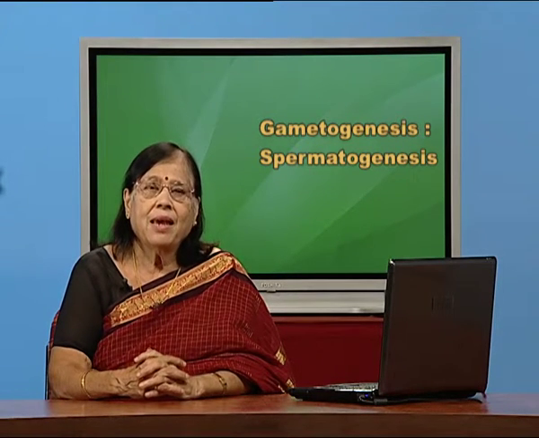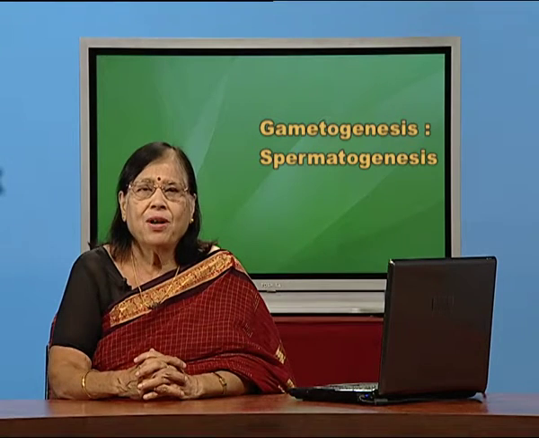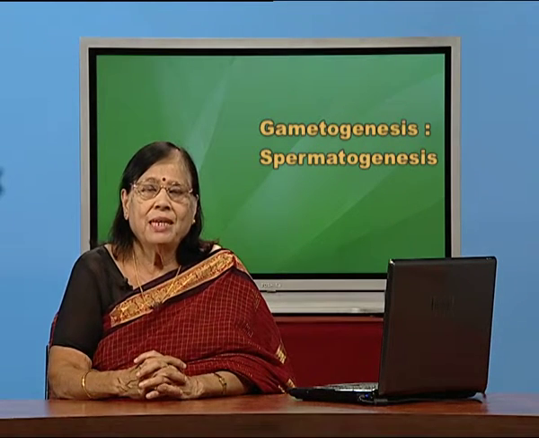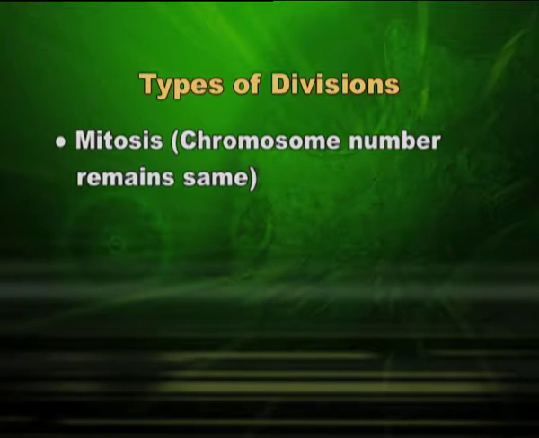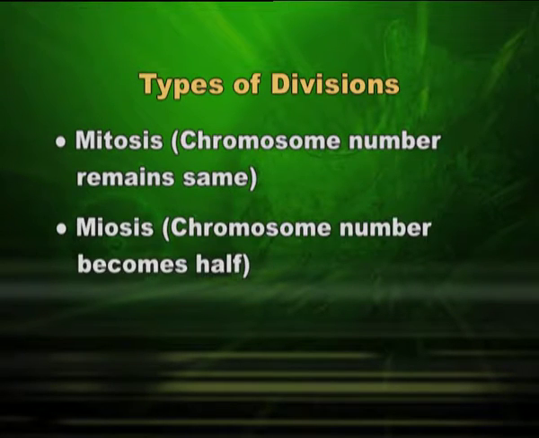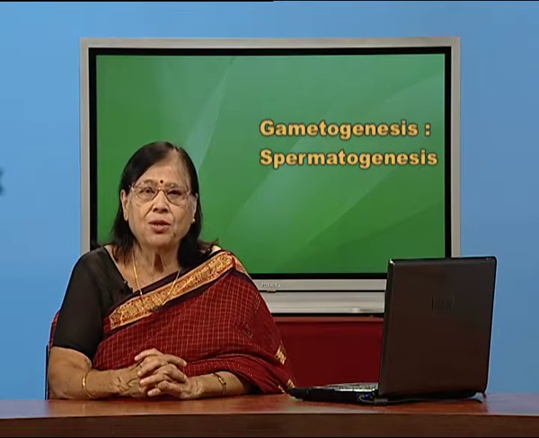At this point, I would like to remind you that divisions are of two types: one is mitosis and one is meiosis. In mitosis, the chromosome number remains the same, but in meiosis, the chromosome number becomes half. That is one point to remember.